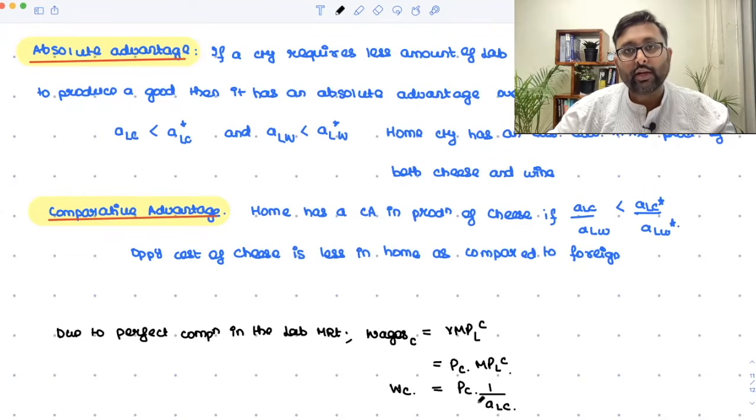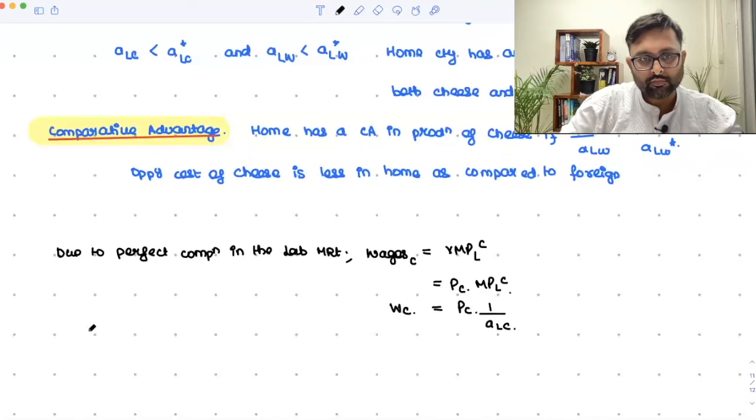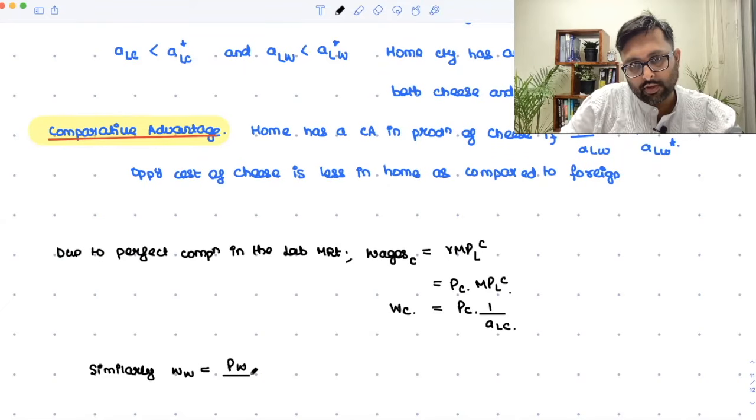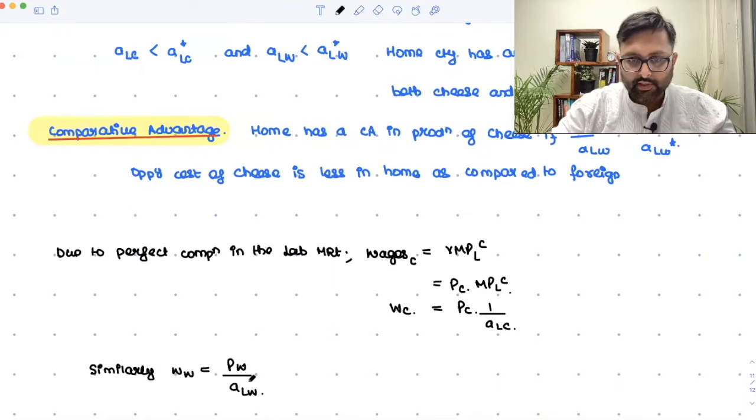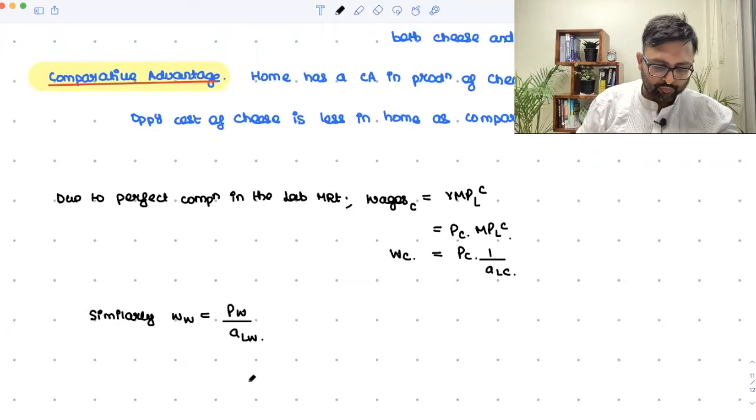ALC is the unit labor requirement: in order to produce 1 more unit of cheese, how much labor is required, right? Similarly, WW is equal to PW upon ALW.